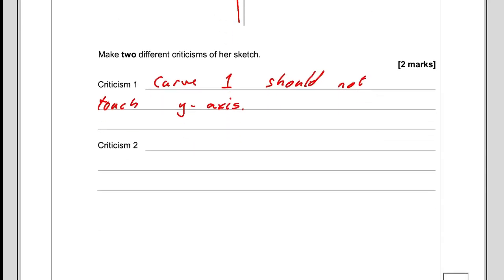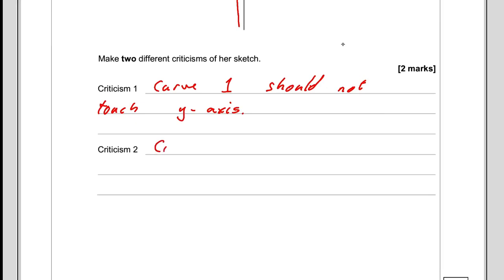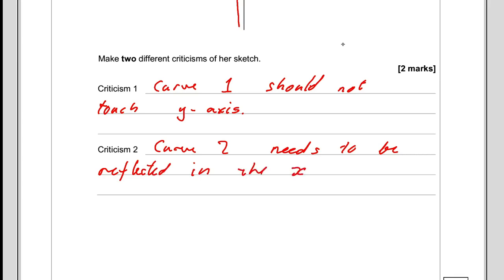And secondly, curve 2 needs to be reflected in the x-axis. So that's going to be my 2 criticisms.